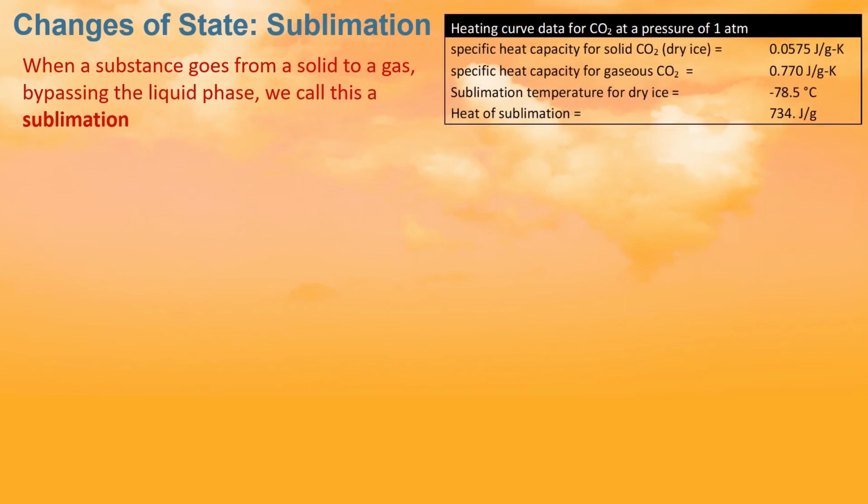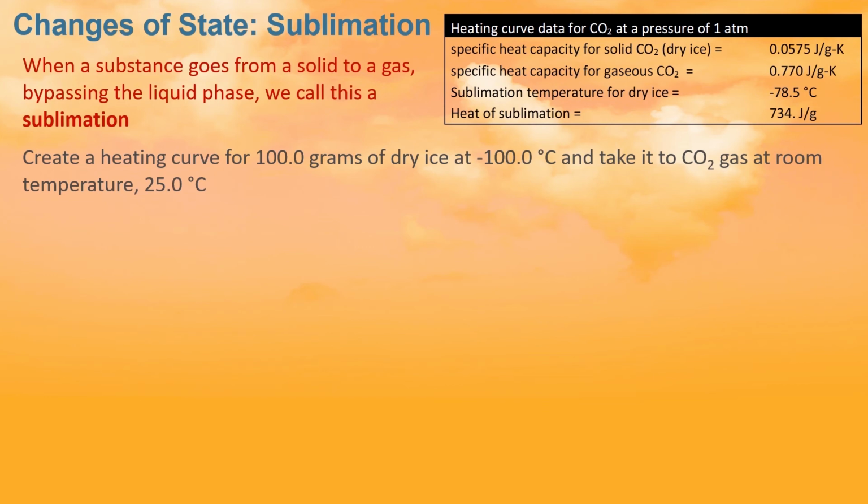The physical property data for CO2 is shown in the table. As we did before, we can create a heating curve for 100 grams of dry ice at minus 100 degrees Celsius, well below its sublimation temperature, and take it to CO2 gas at room temperature, a comfy 25 degrees Celsius.